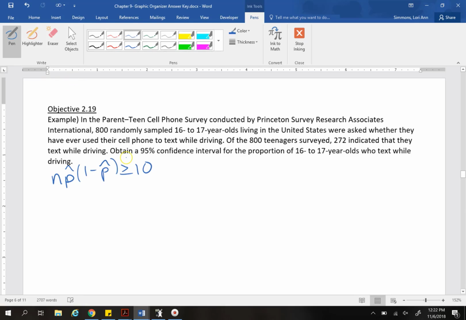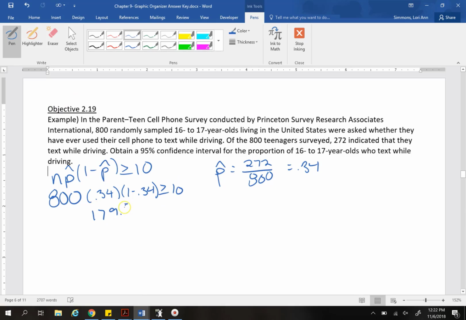So our n is 800. What is our p hat? Our p hat is 272 over 800, which is 0.34. So 800 times 0.34 times 1 minus 0.34 is greater than or equal to 10. That's 179.52, which is greater than or equal to 10.